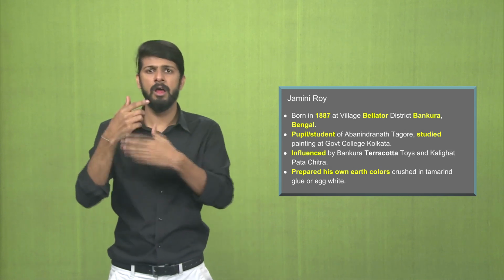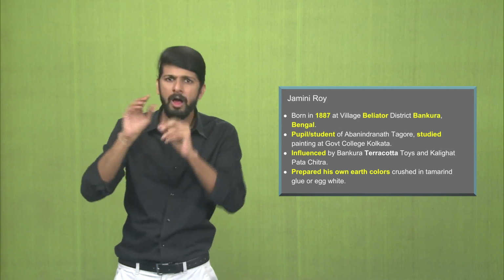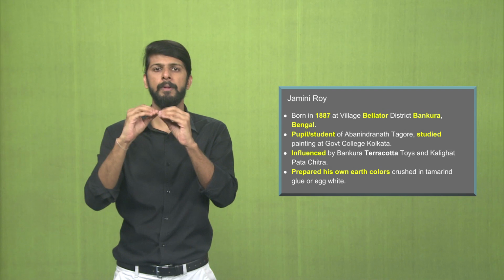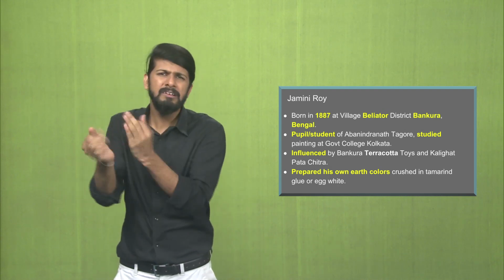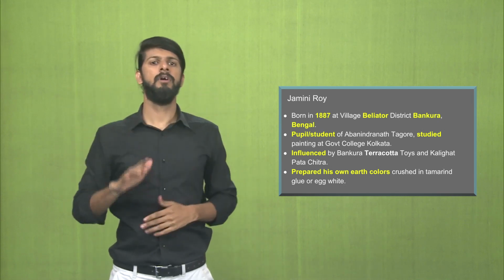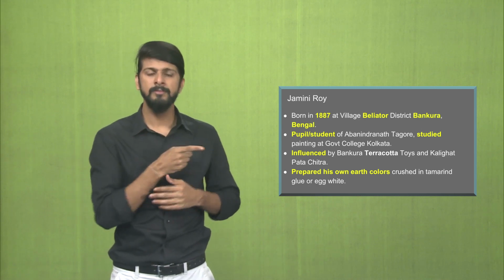These kinds of prints have also been used in contemporary costumes. These were often done on leaves. These were the two influences of Jamini Roy, and he used these influences in his painting.